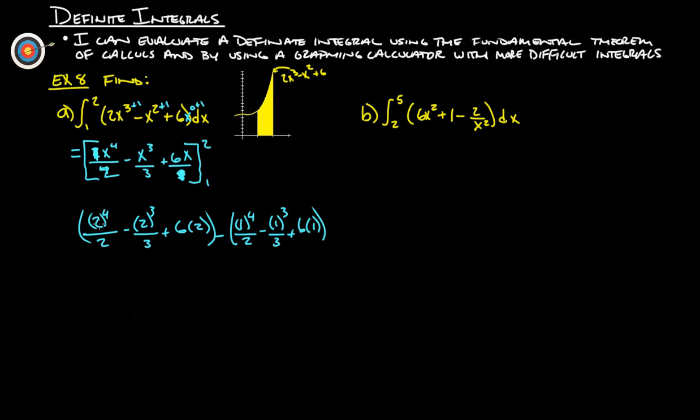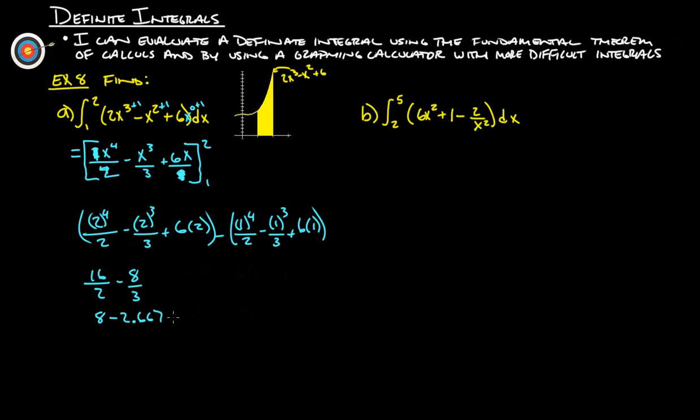Okay, so 2 to the 4th is what, 16? So that's 16 halves, which is 8. We're going to subtract 2 cubed, which is 8, over 3, so minus 8 thirds. Let's see, we can turn that into 2 and 2/3, or 2.667 we'll call it.